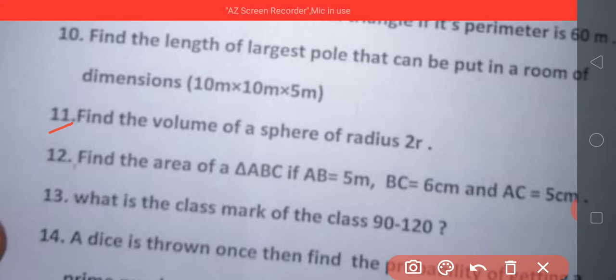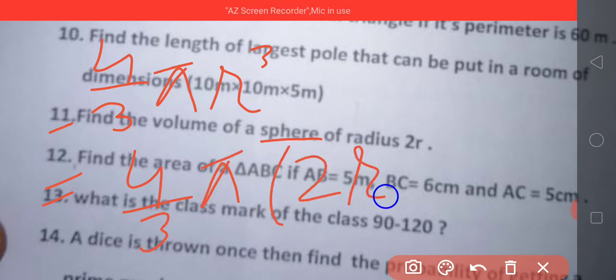Come to question number 11. Find the volume of a sphere. You know the volume of sphere is 4 by 3 pi r cube. So this is equal to 4 by 3 pi, instead of r you will put 2r, and it is cube.